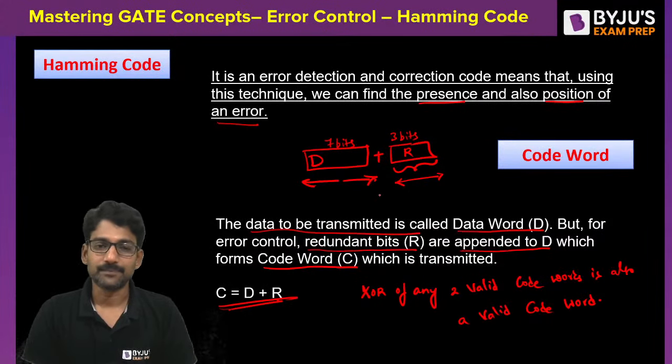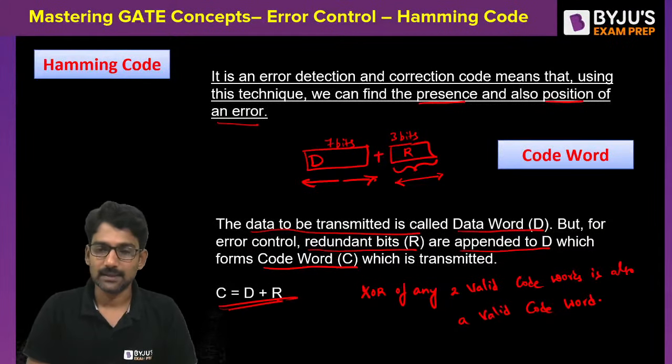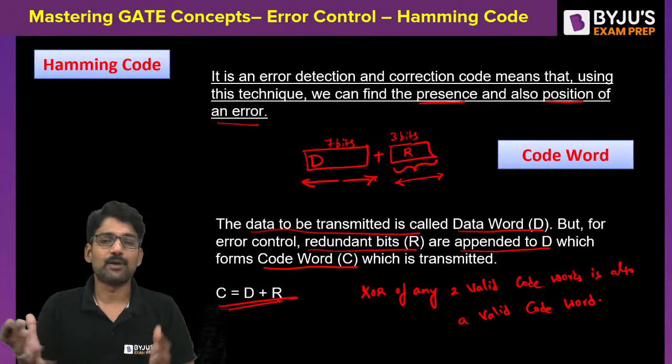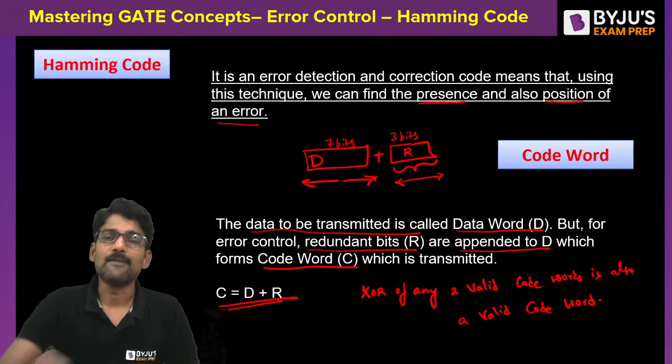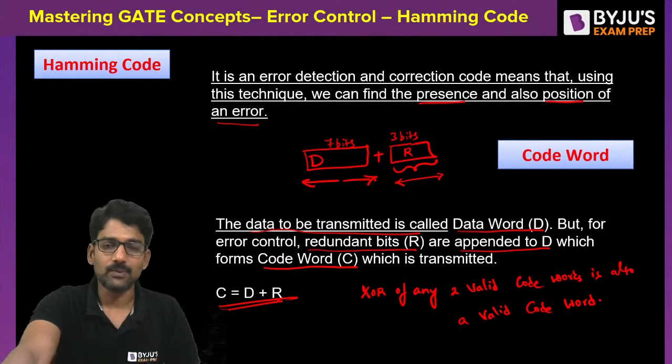Got it? That is how we say which is valid and which is invalid. So if we take any two valid code words and apply XOR to them, the result is also considered a valid code word.